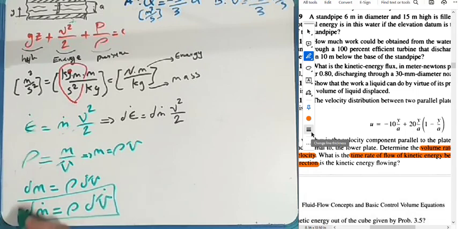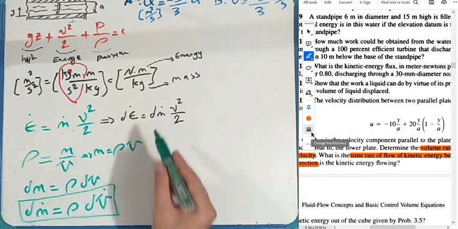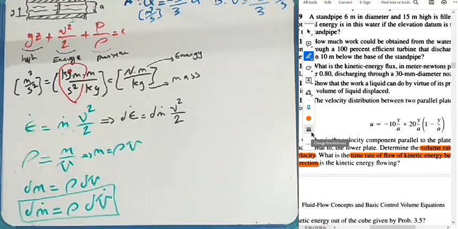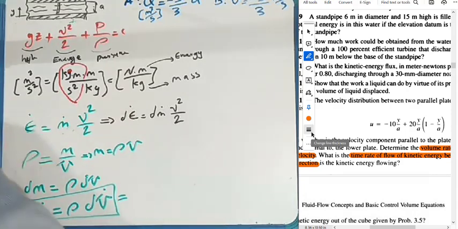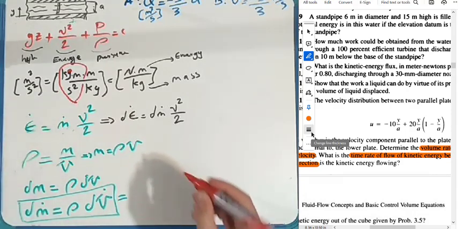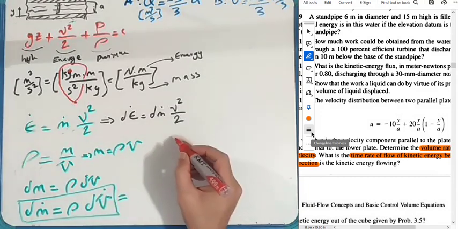So I want to use this one and put it in this one, but let me make it some more complete. For dv dot, let me change the color for you to understand better.